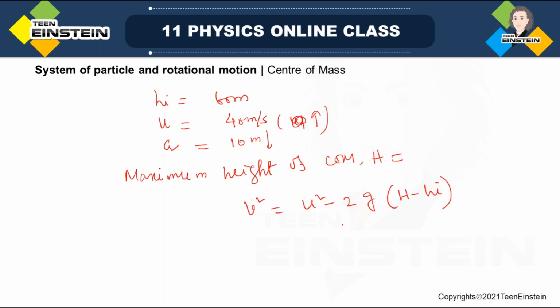So from that concept, this will be 0 at the maximum height. So we'll get u square minus 2gH minus 2gHi like that.